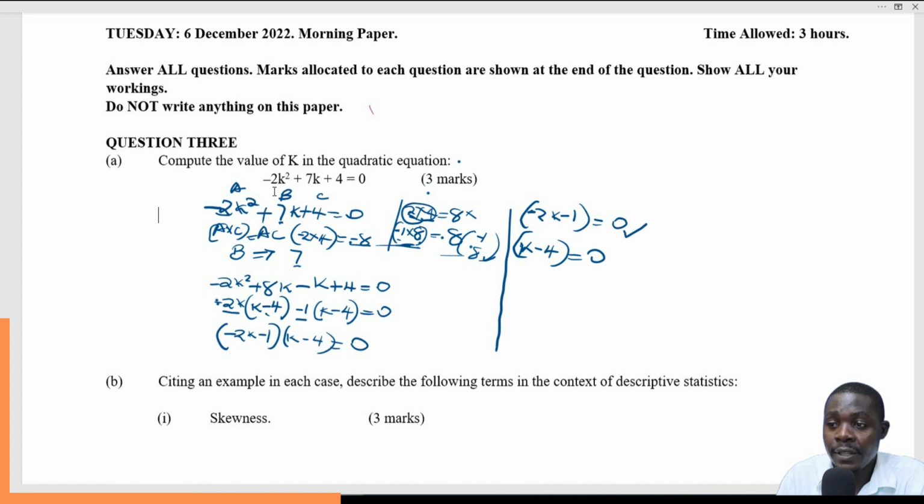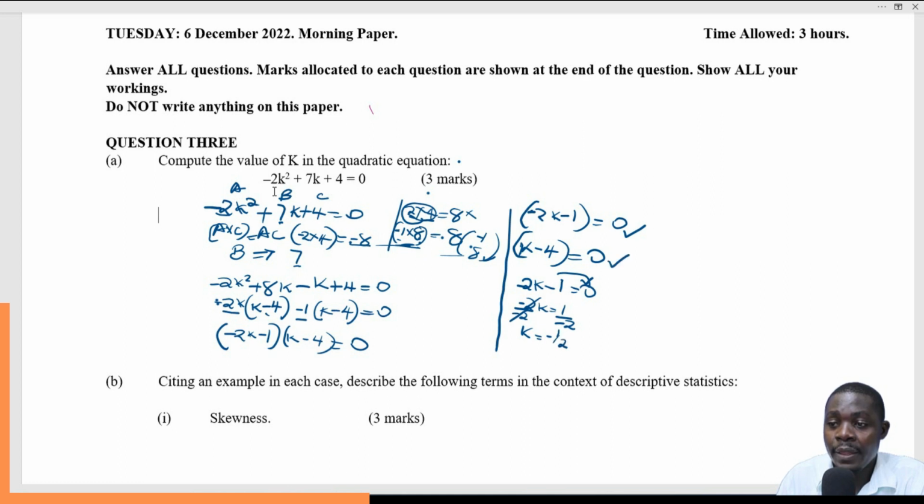If we take the first one, it's going to be negative 2k minus 1 is equal to 0. This crosses the equal sign, we have negative 2k is equal to 1. Divide both sides by negative 2. k alone, in that case, is negative a half.